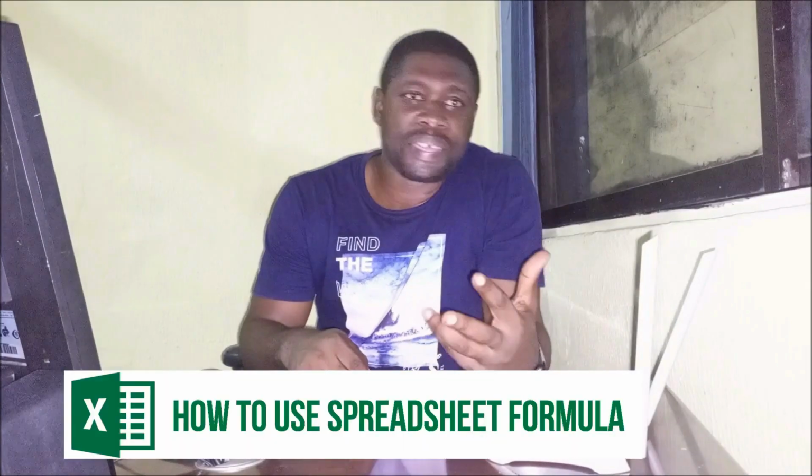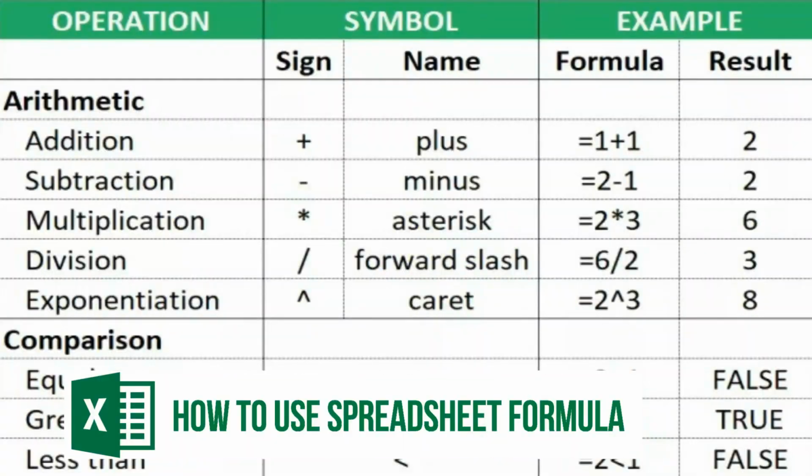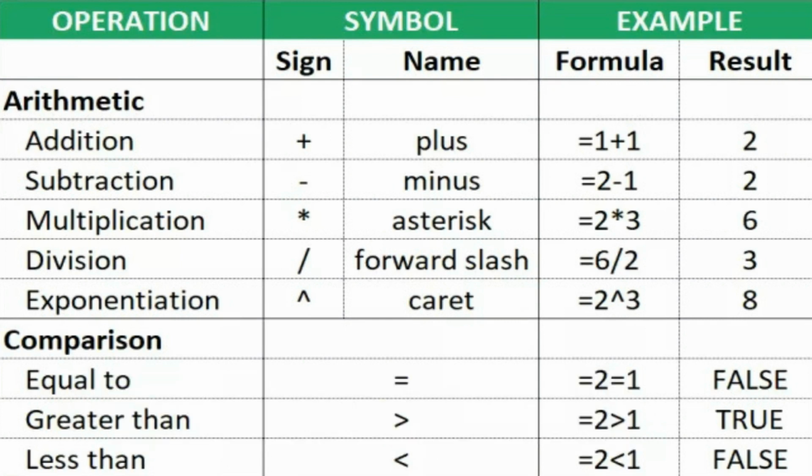Number 3, there are several math symbols you can use to tell Excel which math operation to perform. The plus symbol means to add. The minus symbol means subtract.